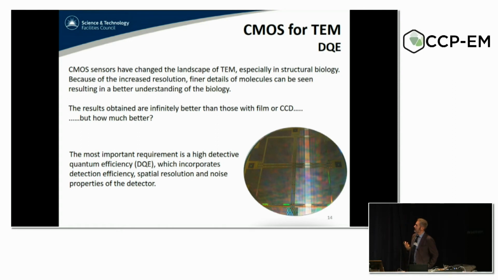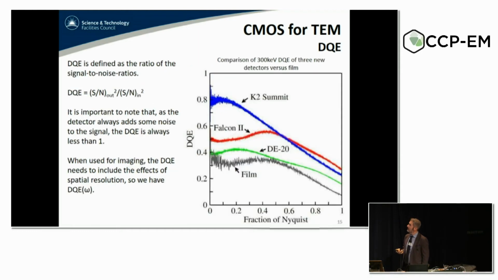If we want to measure this kind of improvement in performance, so yes, things have changed, but how do we measure what we are achieving here? The most important requirement is a high detective quantum efficiency, referred to as DQE. The reason we use this parameter is because it incorporates detection efficiency, spatial resolution, and noise properties of the detector.